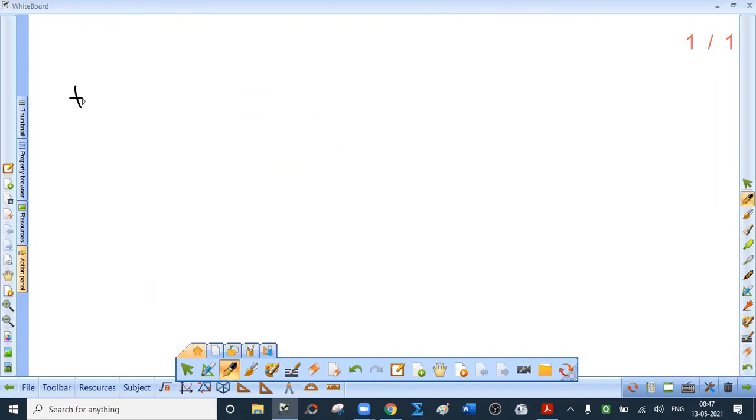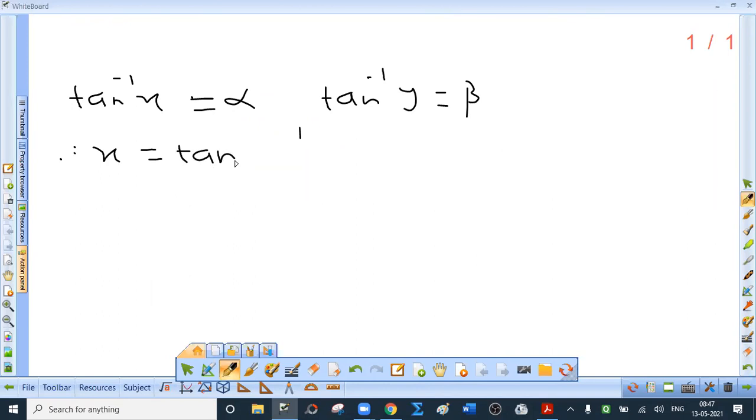Suppose tan inverse x is alpha, and tan inverse y is beta. So what is x? x is nothing but tan alpha and y is nothing but tan beta. Is that clear? Now tell me, what is tan of alpha minus beta?